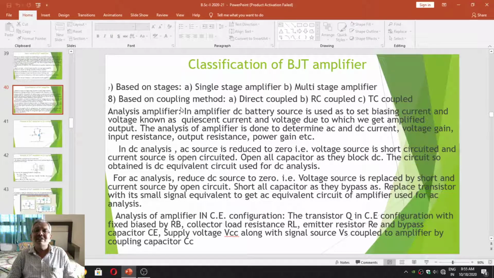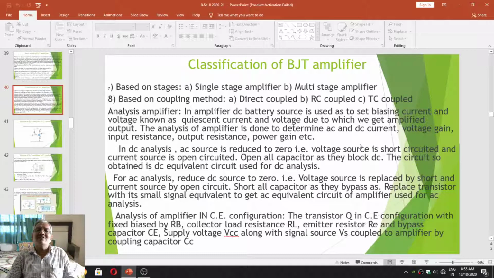And we are well aware that when the operating point is adjusted exactly on the center of the load line in the active region, naturally the input junction is forward biased and the output junction is reverse biased, and the BJT is acting as an amplifier.